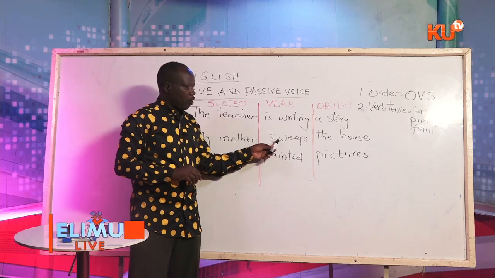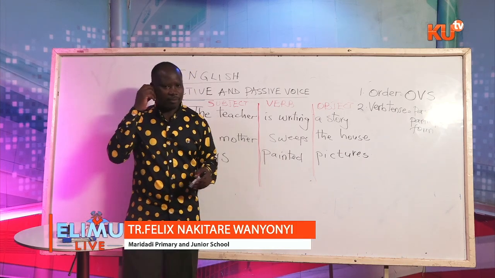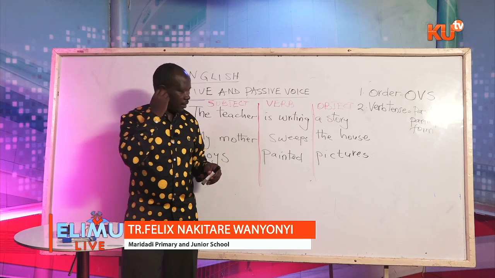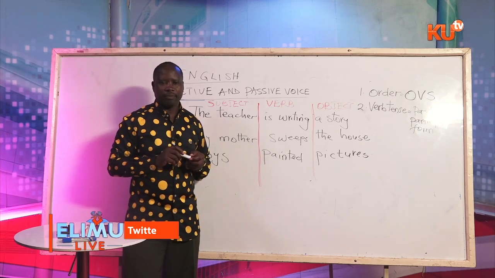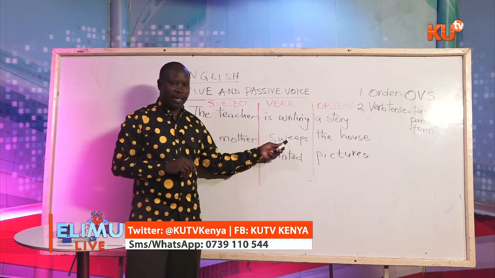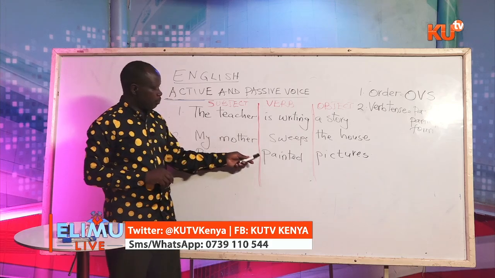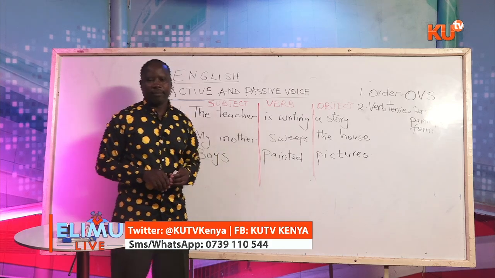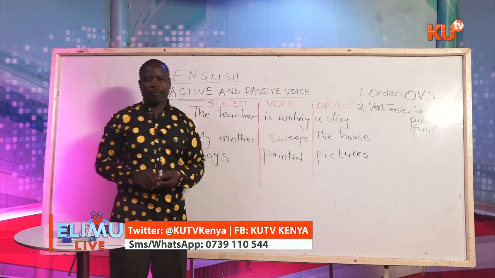The past participle of sweeps, as in My mother sweeps the house, you can try. What's the past participle of sweep? The past participle of sweeps, hope you get it right, is swept. Then the past participle of painted is painted.